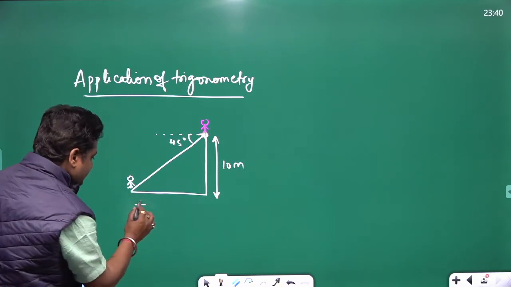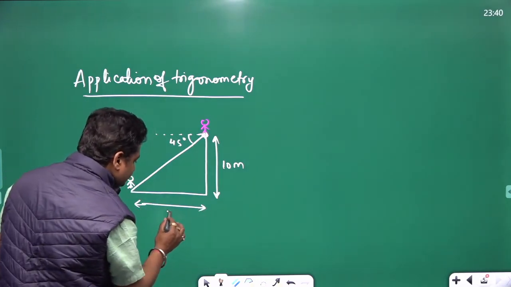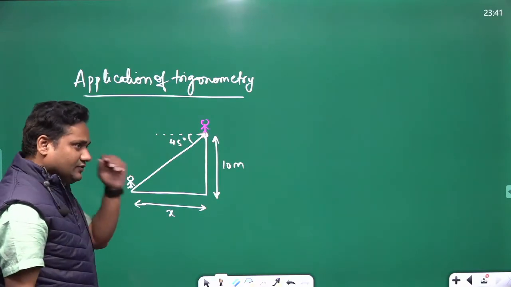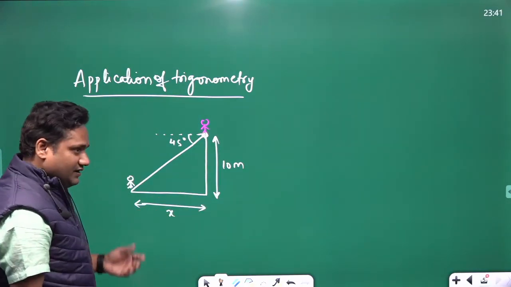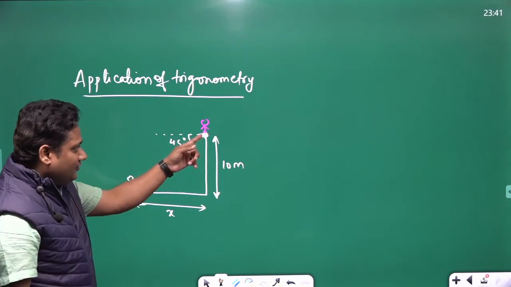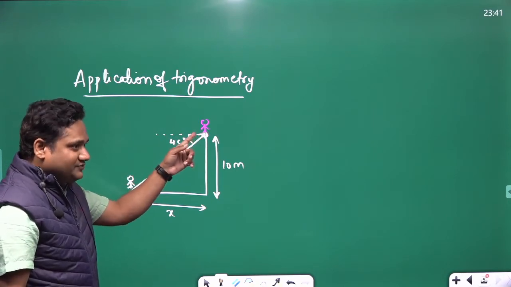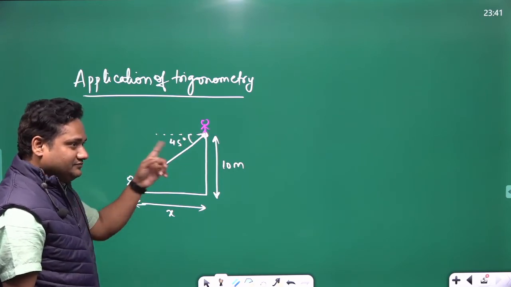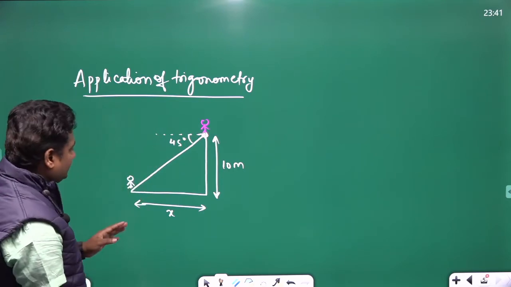That means this distance, this is x. She doesn't know how far Arna is. But on the top of the building, she is observing at a 45 degree angle, right? So how will we do that?